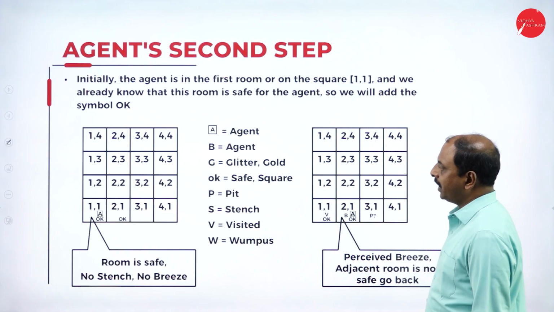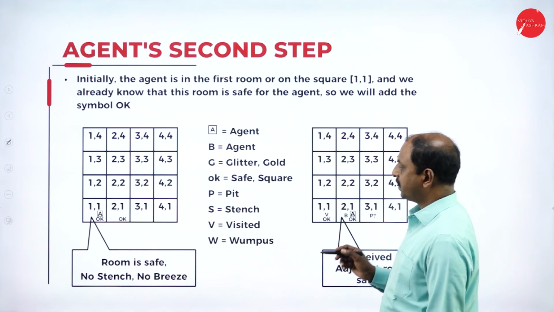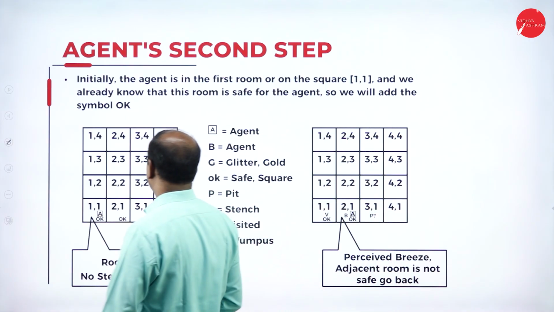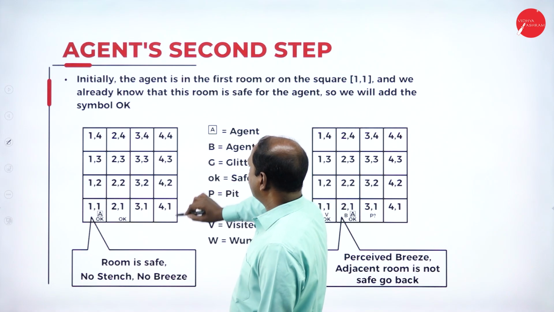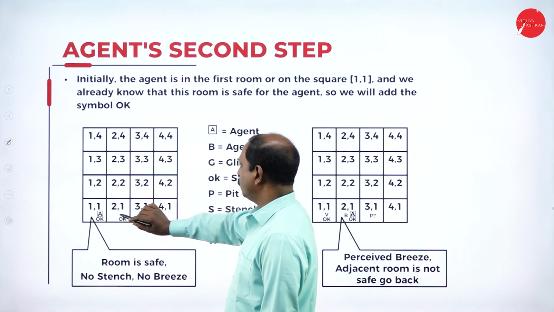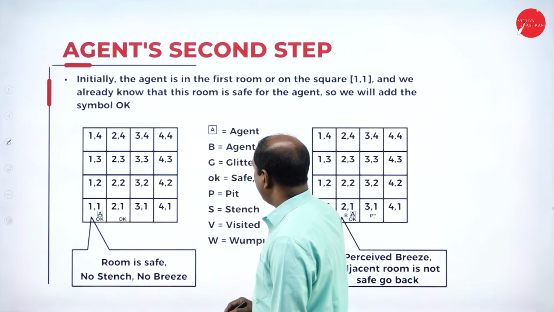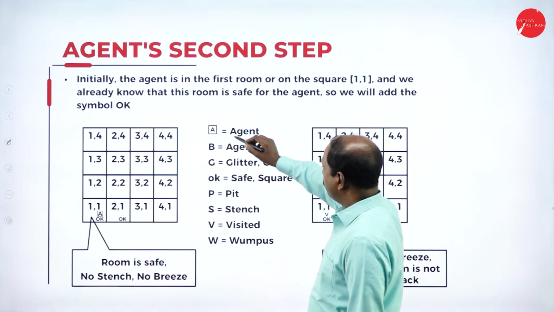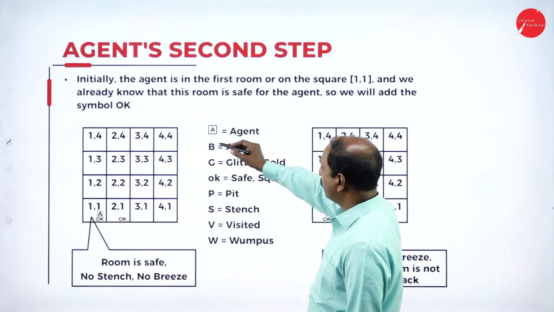Next, let us see how we are going to solve the problem. So here, the agent's first step. At the beginning, if you look at the square, these are the different coordinates given in this example: 1,1, 2,1, 3,1, 4,1, 1,2, 1,3, 1,4. And we represent the different positions of an agent or an object with different symbols or letters.